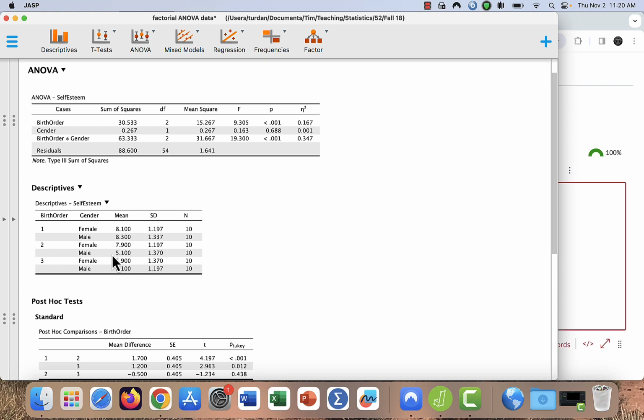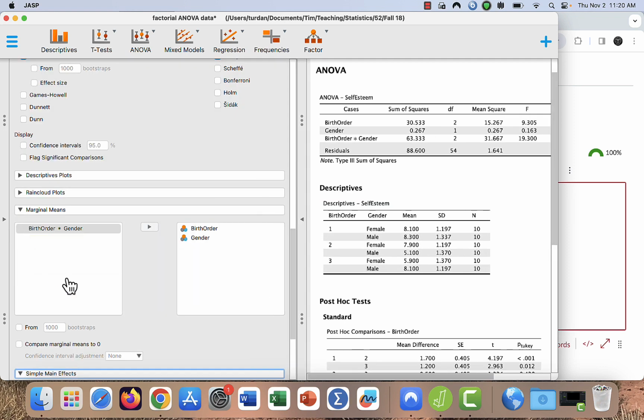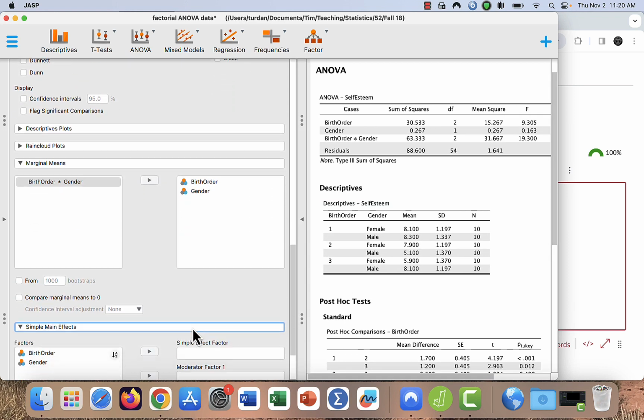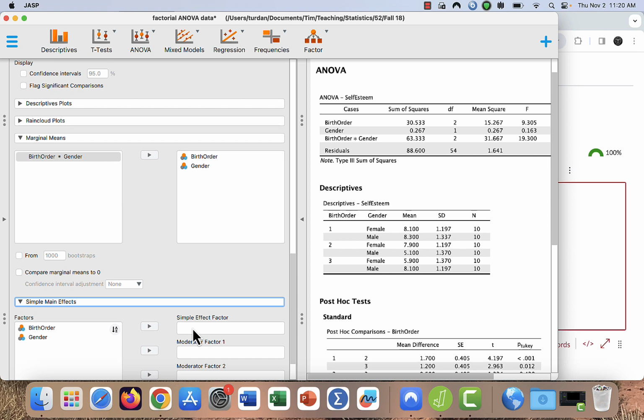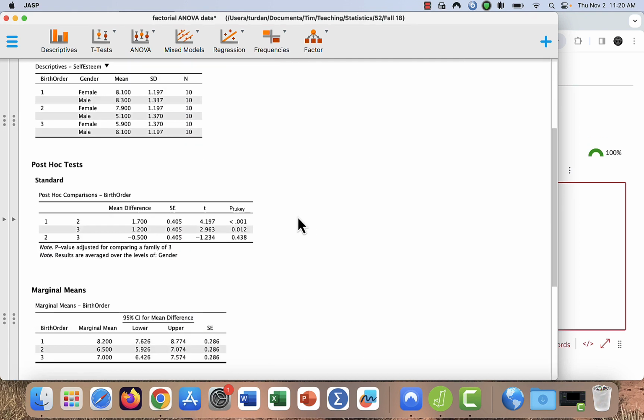I wonder if the difference within the secondborns, that gender difference, is significant. And these things are known as simple effects when you're just comparing one cell to another cell. So if we click on simple effects and we put one of the variables as the simple effect factor and the other is the moderator factor, here's what you get.